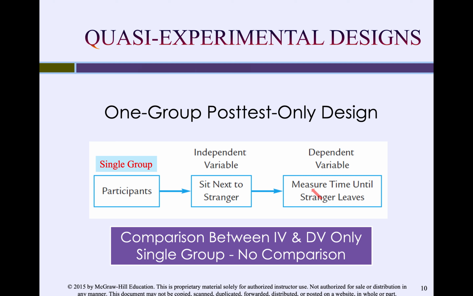So now one of the limitations here again is that the comparison can only be made between this independent variable and the dependent variable. You don't have really two groups to compare anything with. You just have a single group, so there's no comparison. You're just really looking at, well, when somebody sits down next to a stranger, how long does it take for them to leave? So you're really only making a comparison between these two experiences, and that's it.